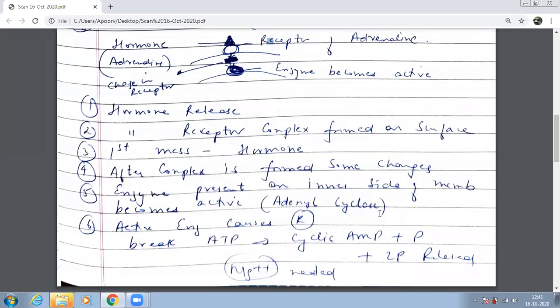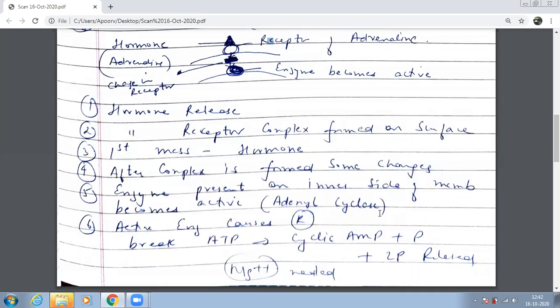Adenosine monophosphate. Very good, beta. And two phosphates are released. If ATP breaks down into AMP, how many phosphates will be released? Two phosphates. And for this reaction to take place, magnesium ions are needed.